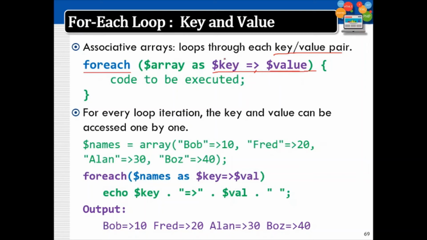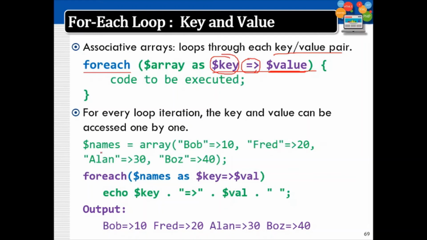In the normal case, the keys will be 0, 1, 2, etc. If it is an associative array, the key will have some hash value. So the keys will be displayed using the $key variable, and $value will display the corresponding value.